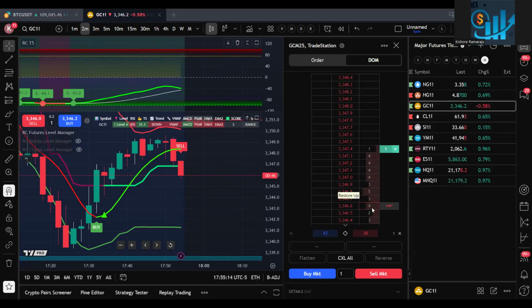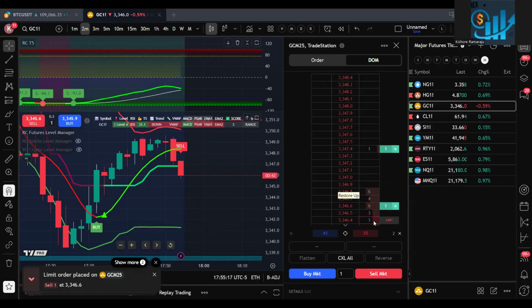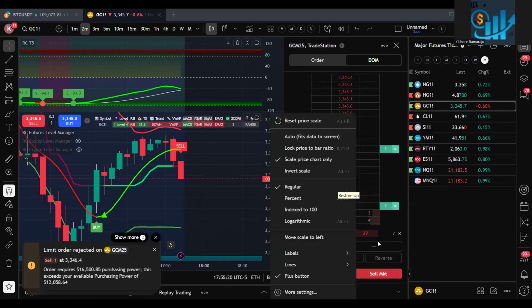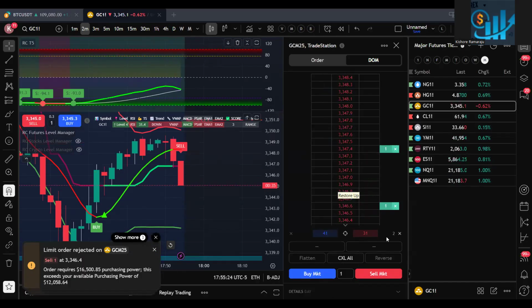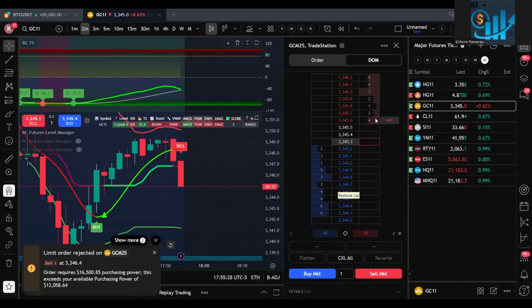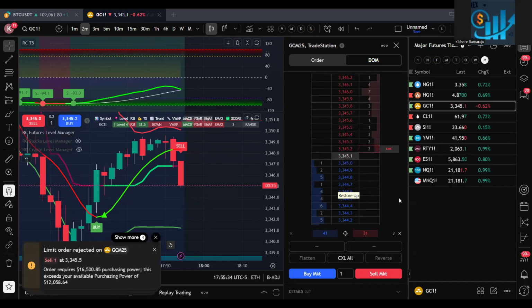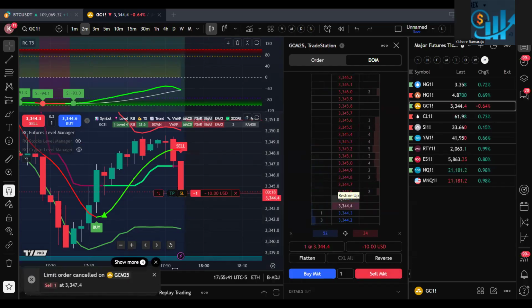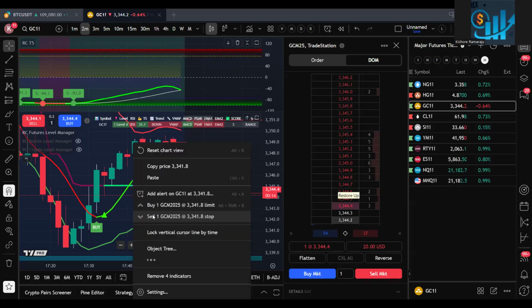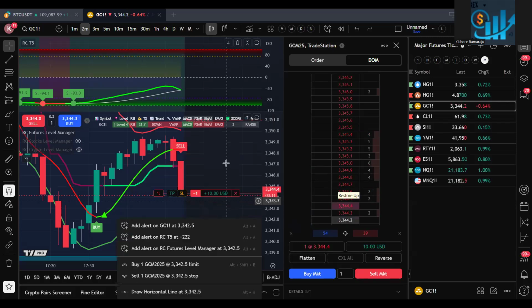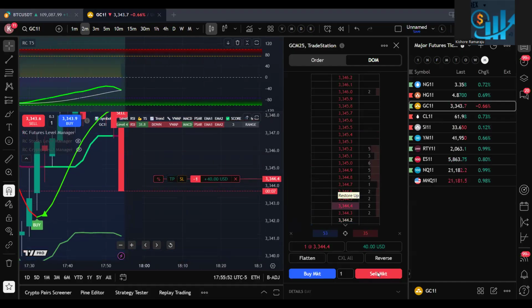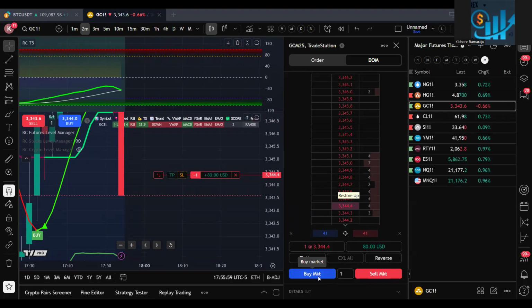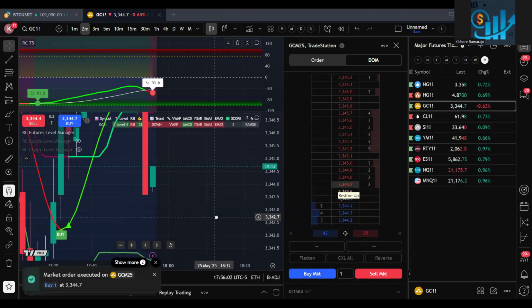GC is dropping again. And it's another $100 with GC.